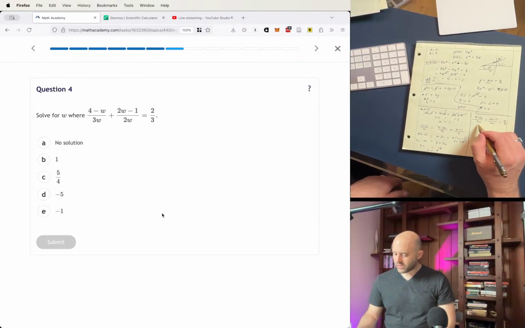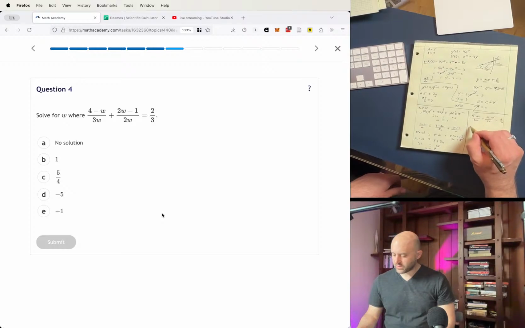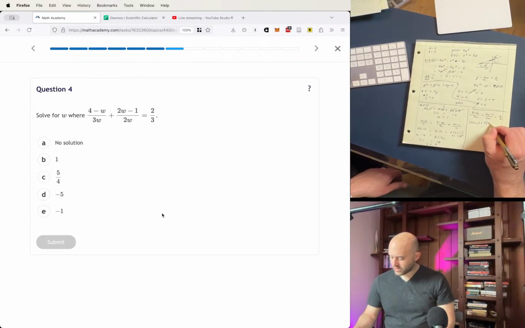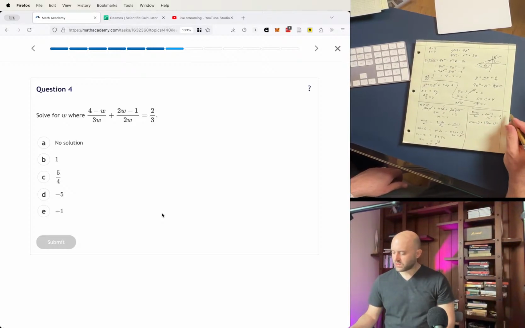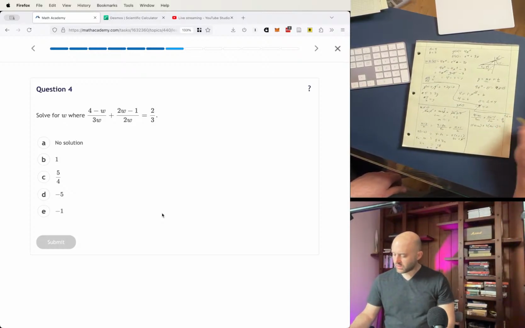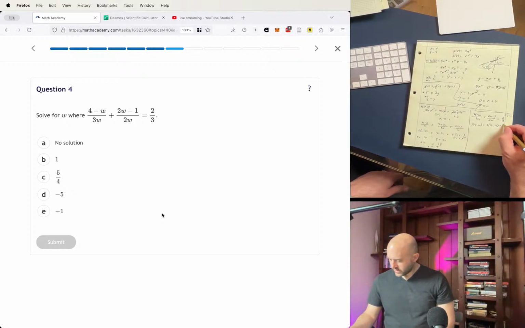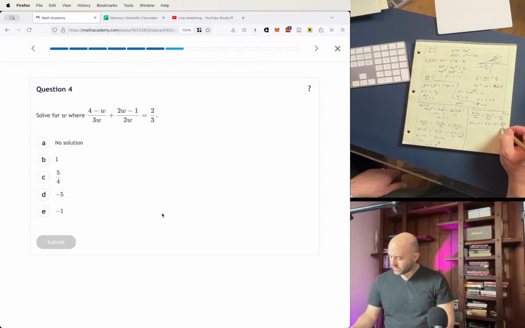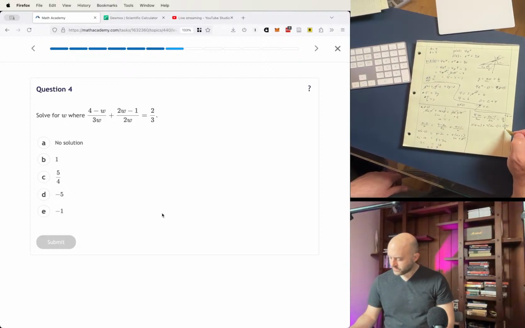So 6w here, the w's cancel, this becomes 2 times 4 minus w, plus this is 3 times 2w minus 1 equals, again, 6w is our term here, so it will be 12w over 3, which is 4w.